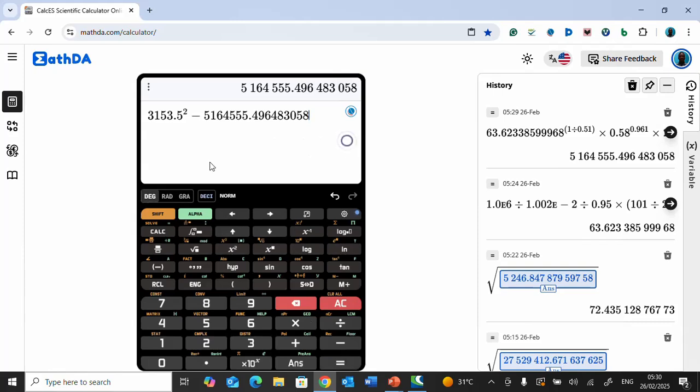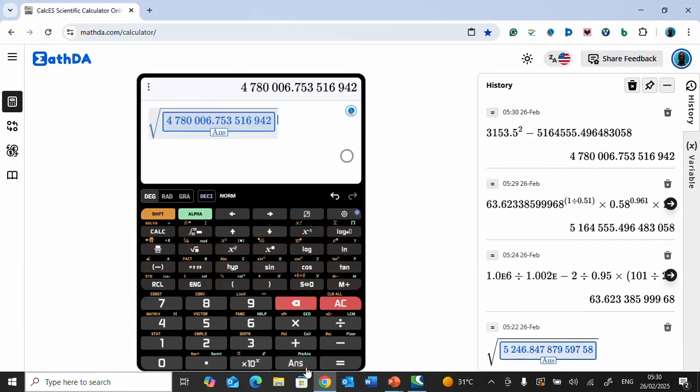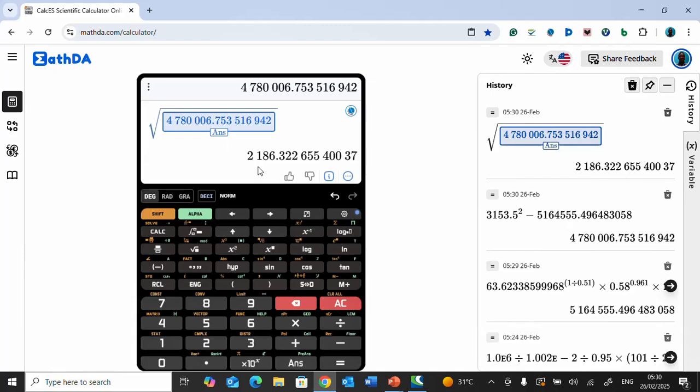So this is equal to this. Now let's take the square root of this whole value. The square root of the answer is 2186.3.